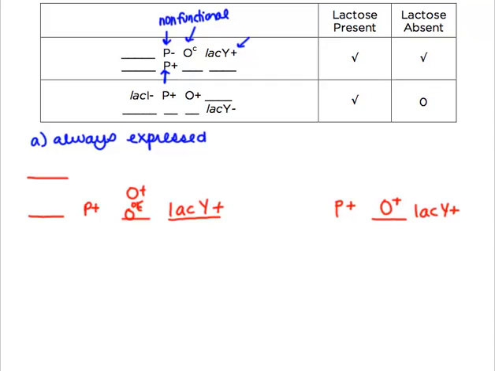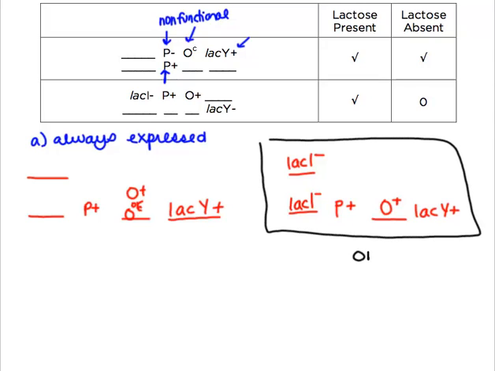So even though this operator can bind the repressor, it never is, because the lactose permease is always expressed. So if we have a normal operator, that must mean that both copies of the repressor gene are non-functional. Okay? So this is one answer. If there's no functional repressor gene, you won't make a repressor protein, and therefore even though you have an operator that could bind it, it never will because there's no repressor protein to bind. Okay, so this is the one answer.